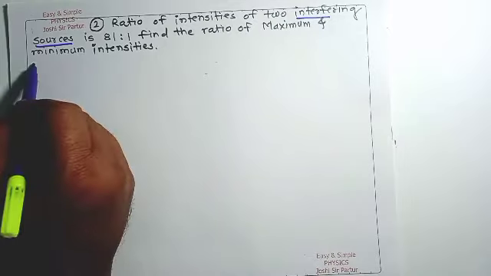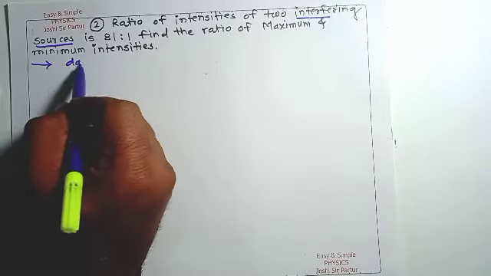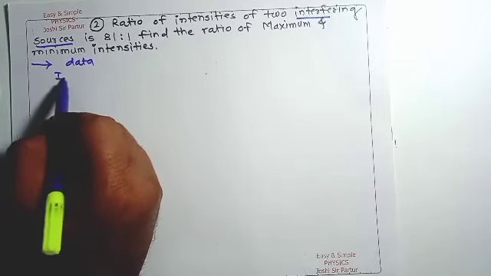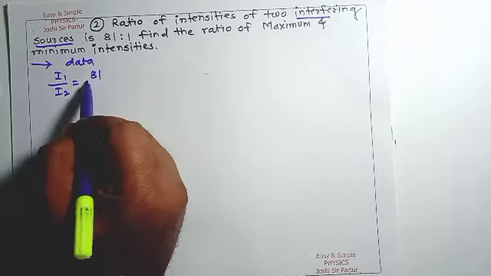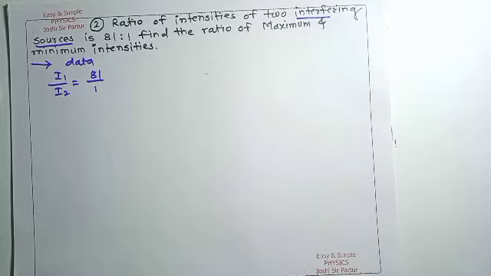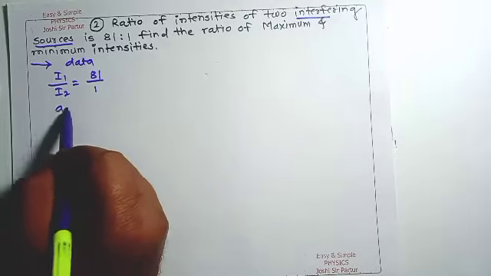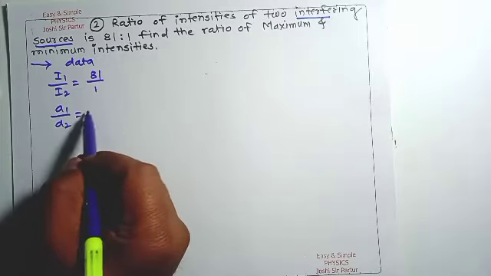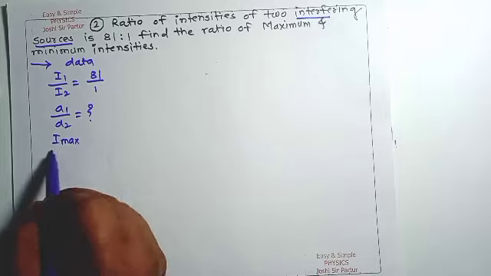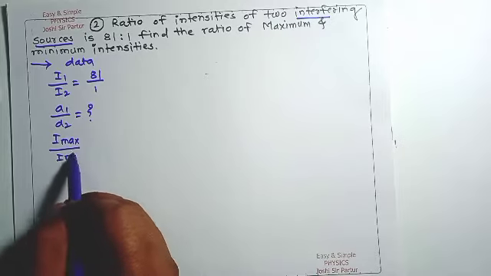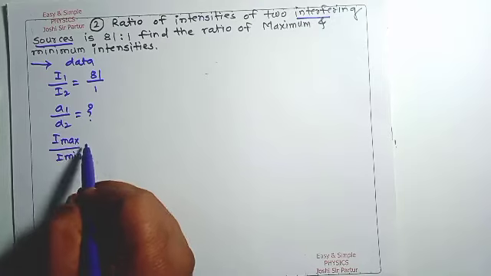Here the data is given: I1 upon I2 is equal to 81 upon 1. First of all, we want to find A1 upon A2. Then we can find I maximum upon I minimum, which is equal to question mark.